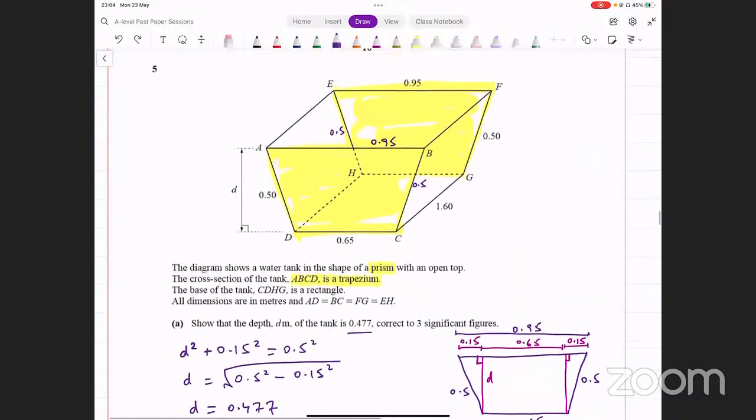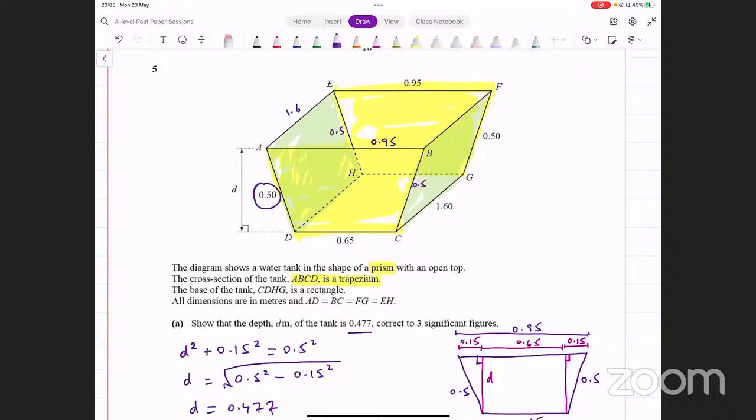ठीक है, अच्छा. Now we've got one face on the right side, एक right side वाला face है, ठीक है, and got one face on the left side. ये दोनों भी एक दूसरे के equal है, right? Because their lengths are equal. They're rectangles. इनकी एक side 0.5 है और दूसरी side क्या है? Do we know that? Yeah, so we have 1.6 here. That's the other side.